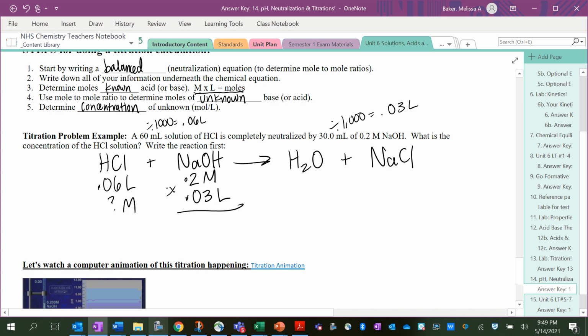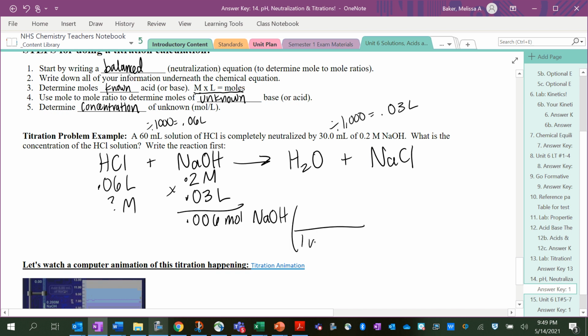So first step, do our molarity times our liters to get how many moles of NaOH we had to add. We had to add 0.006 moles of NaOH.